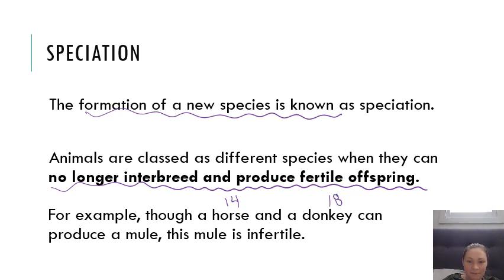The mule would have 7 from the horse and 9 from the donkey, which would lead to 16. Those combinations are different and they can't pair properly because you've got 7 and 9. So you'd have 7 lining up on one side and 9 lining up on the other side. You're never going to get every single chromosome that you need to produce a mule.